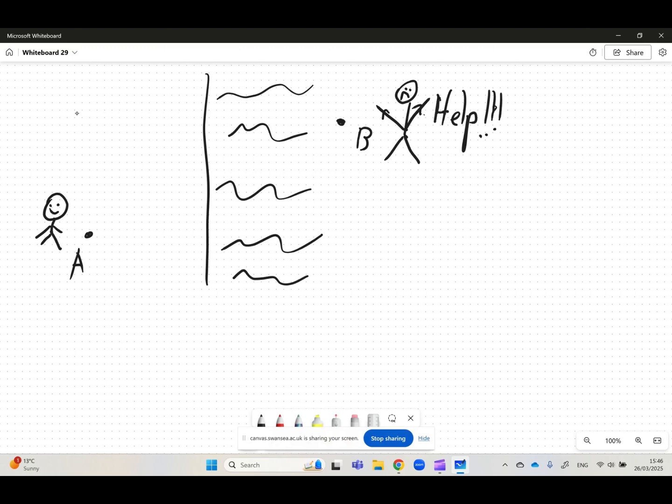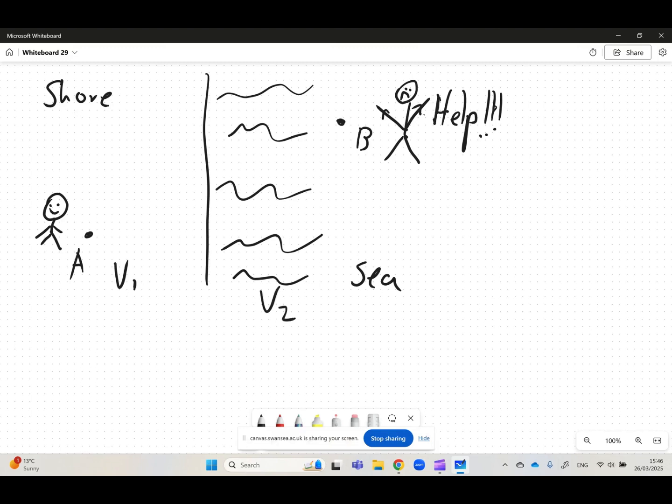So this is the sea, this is the shore, and the lifeguard wants to reach the person at the minimum time. Now, the velocity of the lifeguard at the shore while running on sand is v1, and the velocity of the lifeguard while swimming is slower, it is v2.